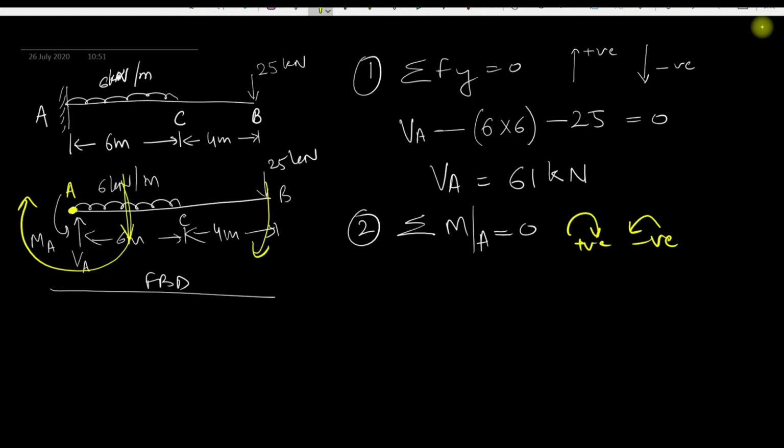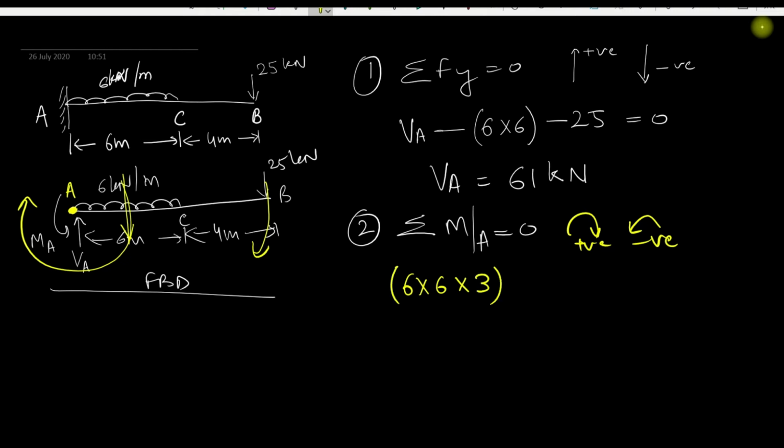I will take moment about point A. The moment due to the UDL will be the total load multiplied by the distance, and the total load will act at the midpoint. So let us start with the UDL. 6 into 6 is the total load and it is passing through the midpoint, so half of 6 is 3.